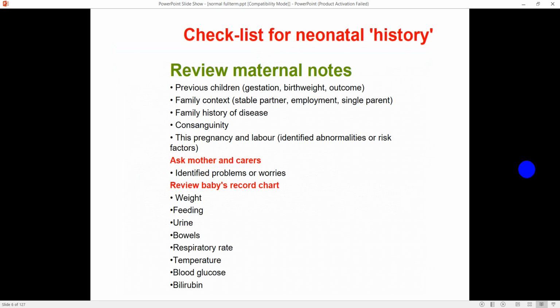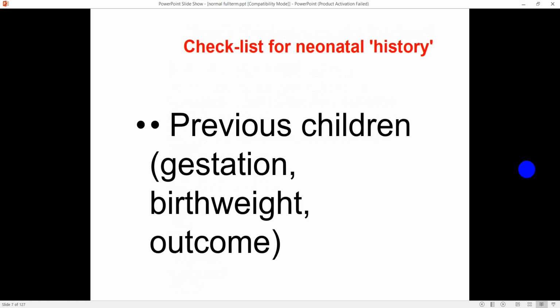And when we are talking about newborn, we need to know his prenatal history, natal and postnatal. Prenatal history means history of the mother, maternal information. In relation to maternal information, we need to know about previous children, their gestation, birth weight, and outcome.